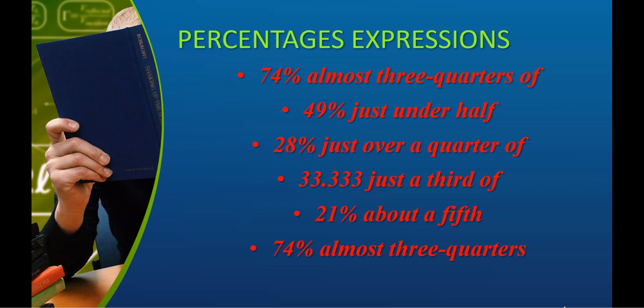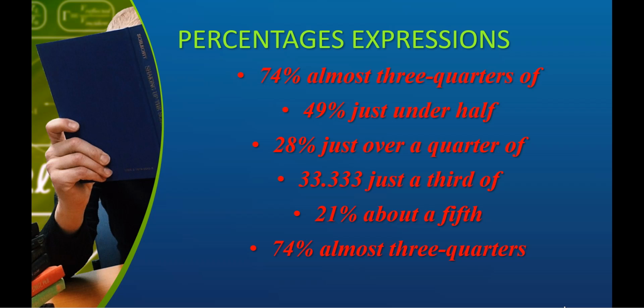28%, again, guys, you cannot write 28, 27, 23, no way. I will show you the other way, the other method of writing regarding percentage. But here is just a simple way how you can do that. 28, just over a quarter of.